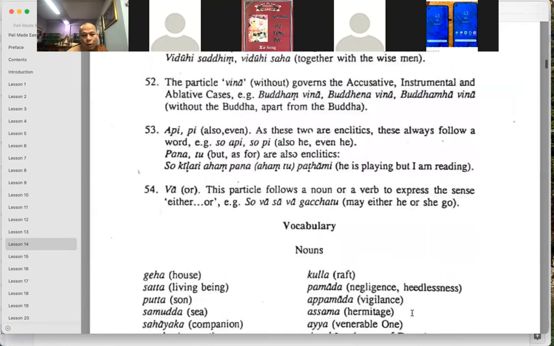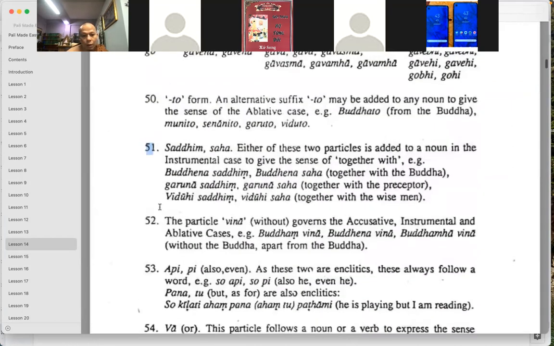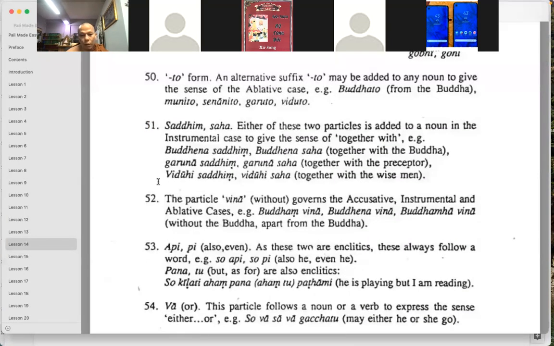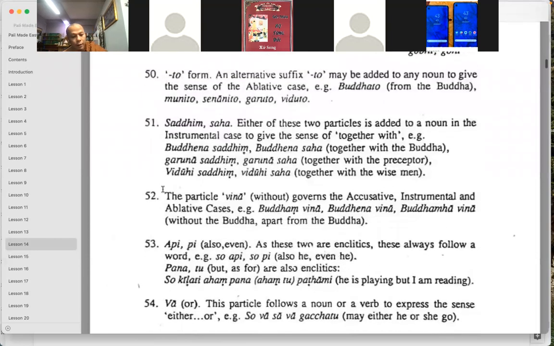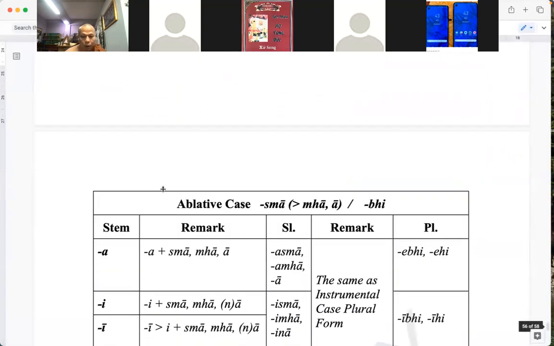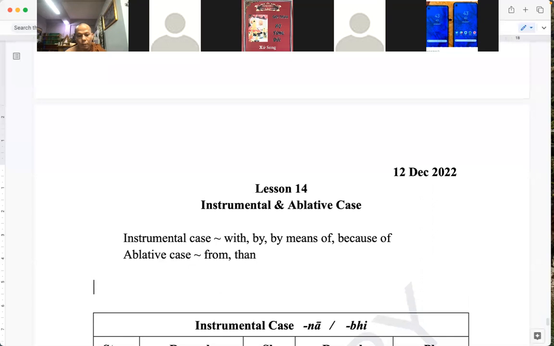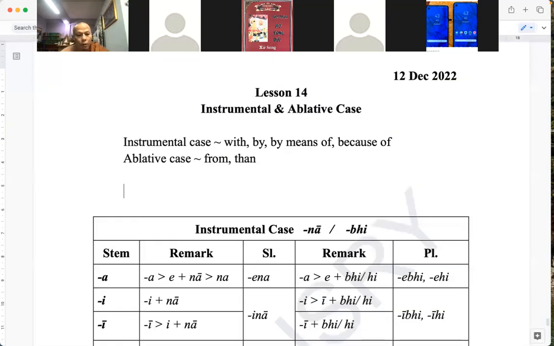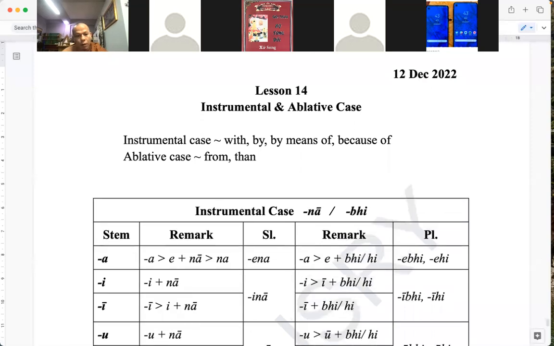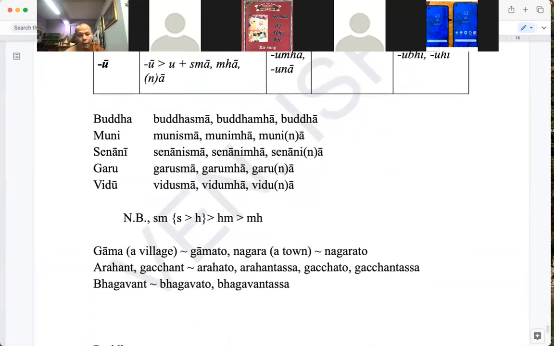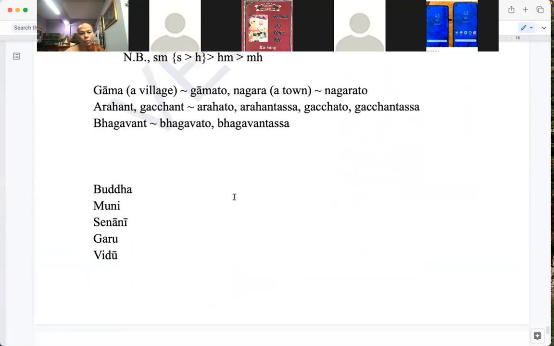Okay, later on, in this lesson, now Saha and Saddhim go with the instrumental case.